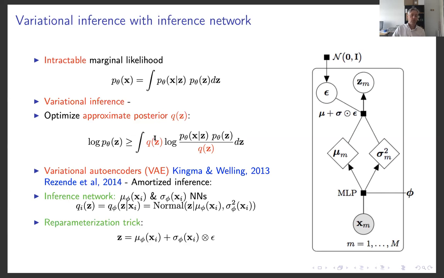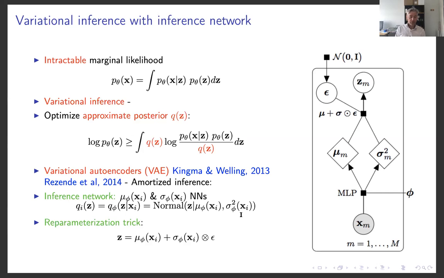So we sample from Q, and then we use the so-called reparameterization trick in order to be able to differentiate with respect to the parameters of this inference network. So we have parameters here in this neural network mapping, and because C is now not deterministic but stochastic, we draw from a zero-one normal Gaussian distribution in order to draw a random sample from the posterior latent space from this Q here.